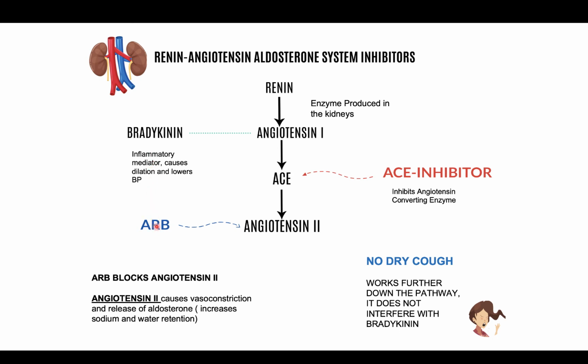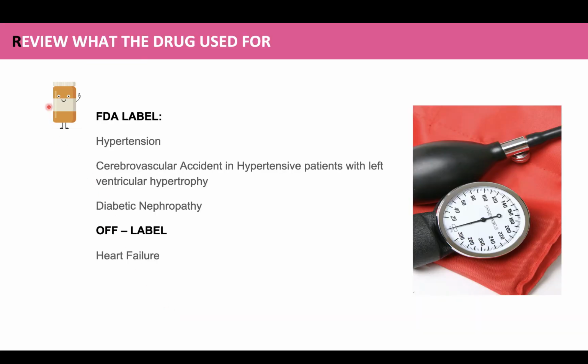The ARB is further away from bradykinin, further down this pathway, so we get the benefit of no dry cough, as well as the benefit of blocking vasoconstriction and blocking the release of aldosterone.